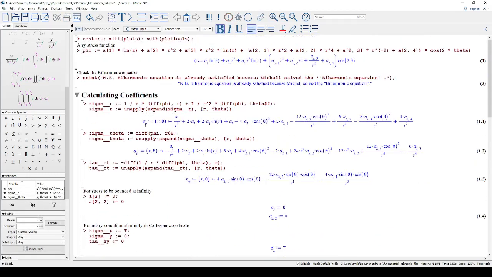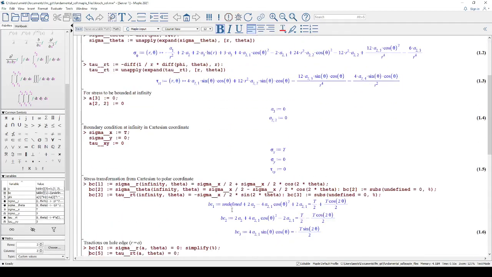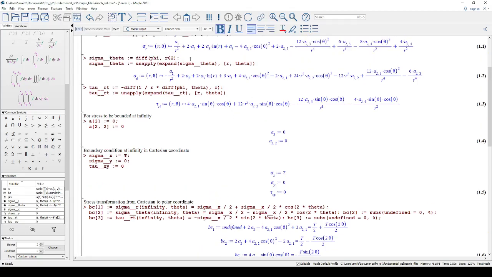If I execute everything, you will see that the first term in sigma r tends to 0. So we have a series of undefined terms here, here, here, here, and there. I'm going to just replace this with 0 because we know that this is mathematically 0, but Maple does not handle it.